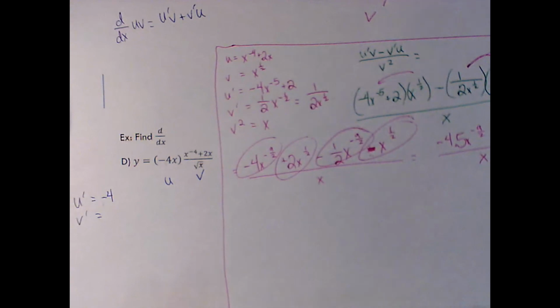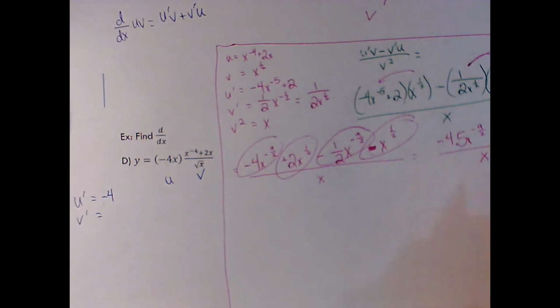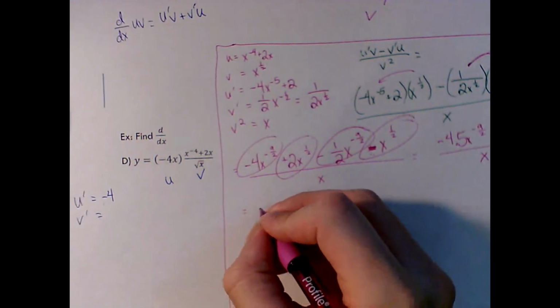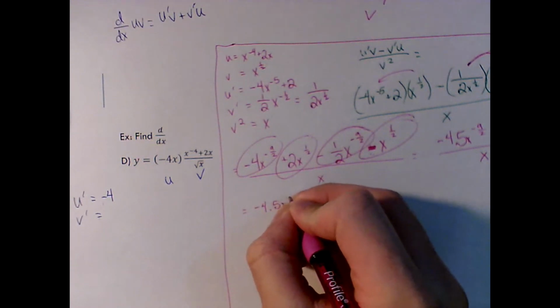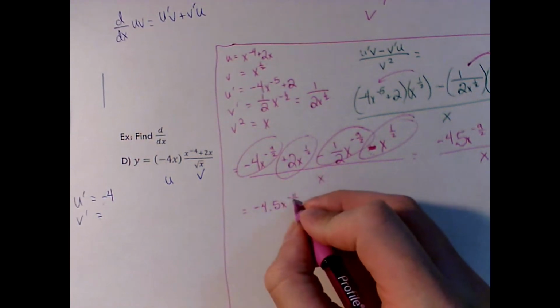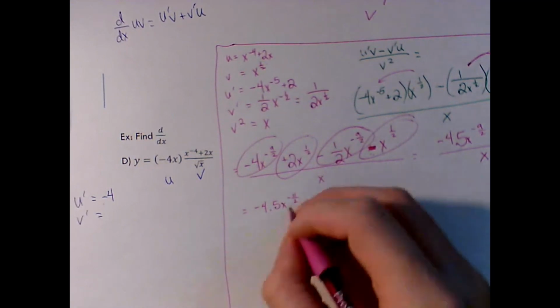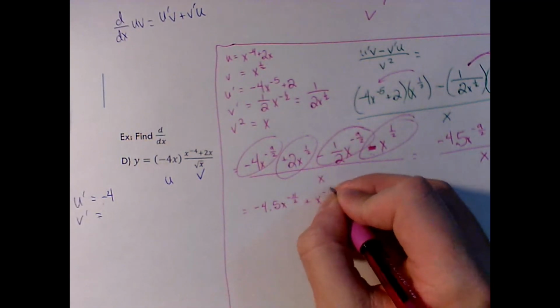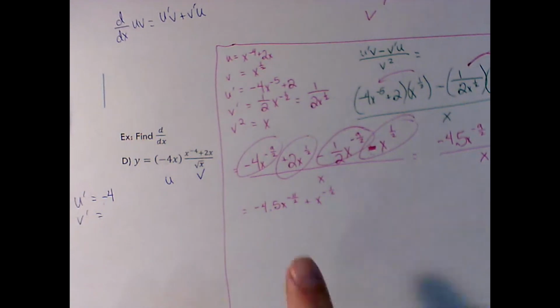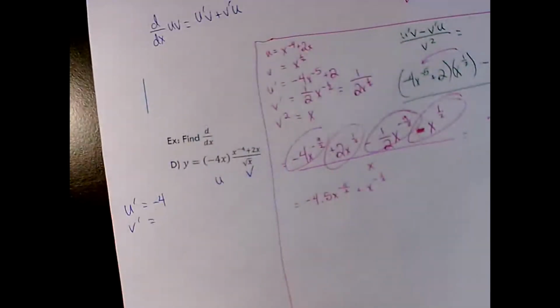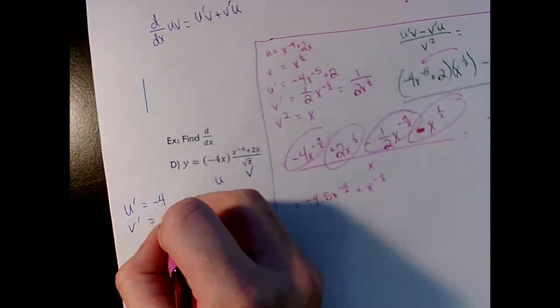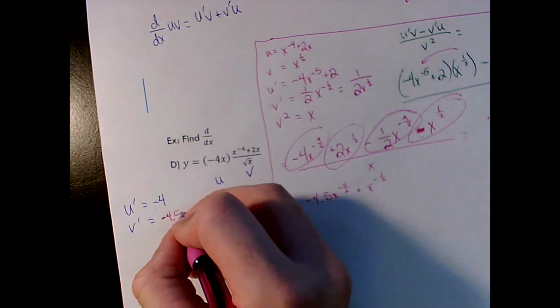And I'll go one step further and divide everything by x here. So I have negative 4.5 x to the negative 11 over 2 plus x to the negative 1/2. I'll leave that like that for now, and I'm sure I'll change it later.